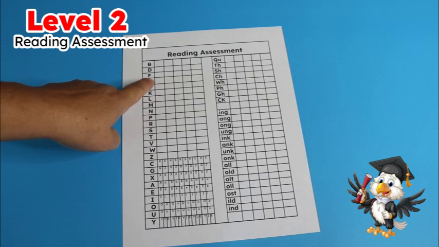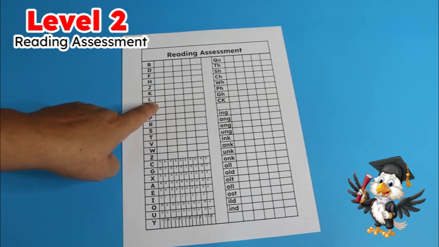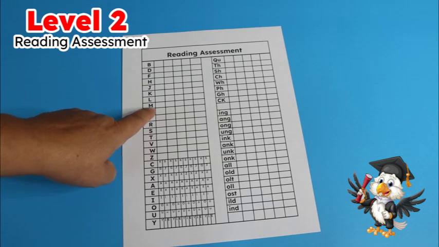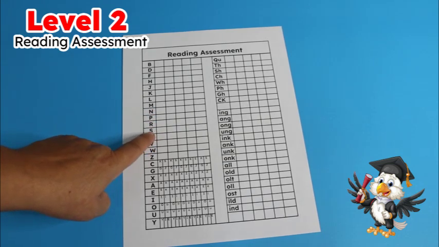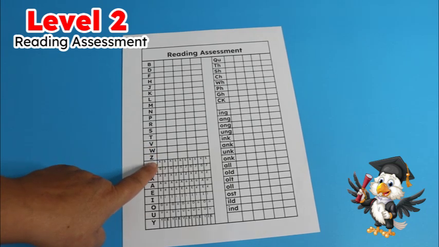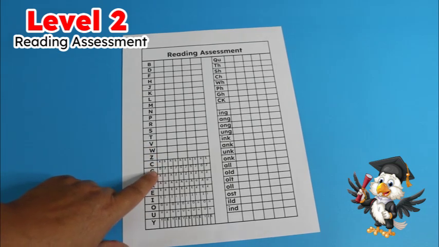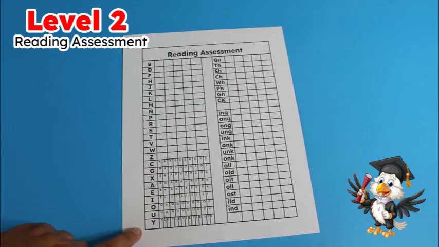D, F, H, J, K, L, M, N, P, R, S, T, V, W, and Z. And then you get down here, you have the letters that have more than one sound.